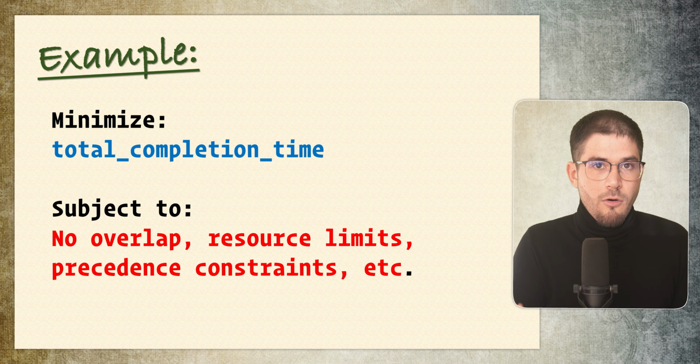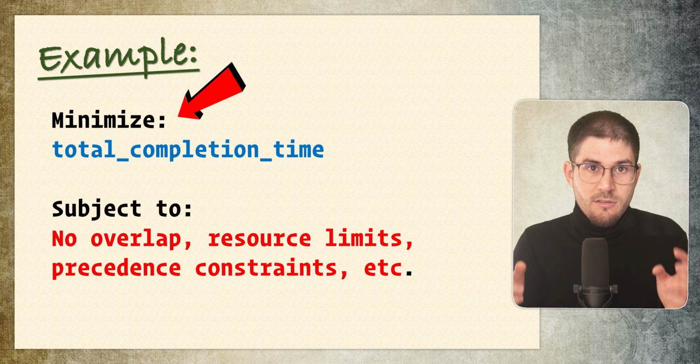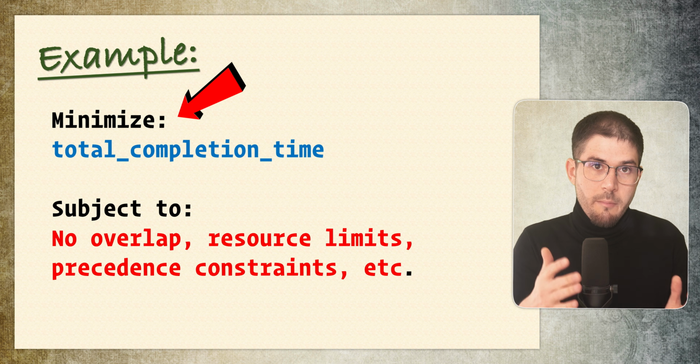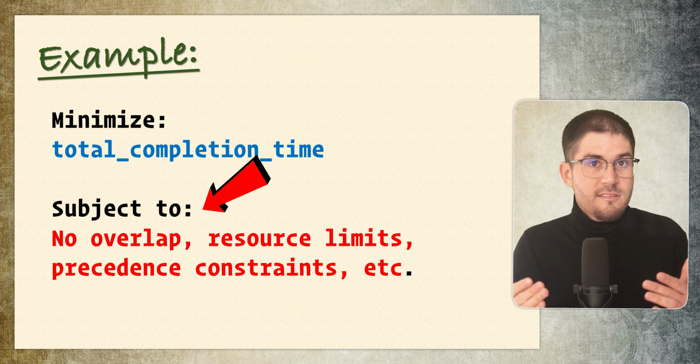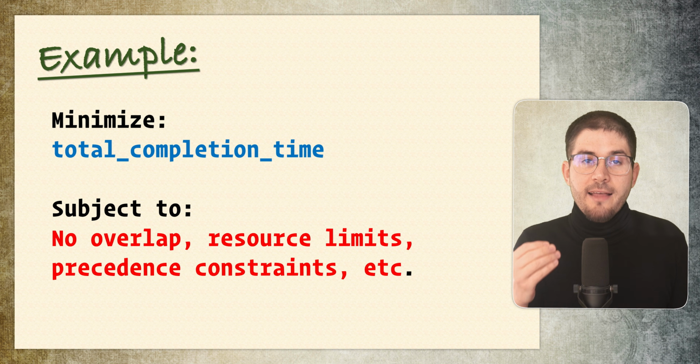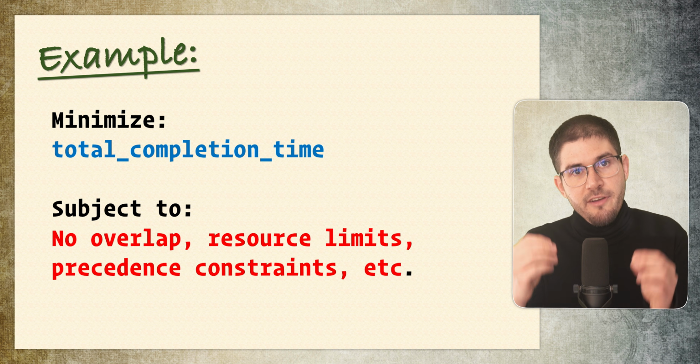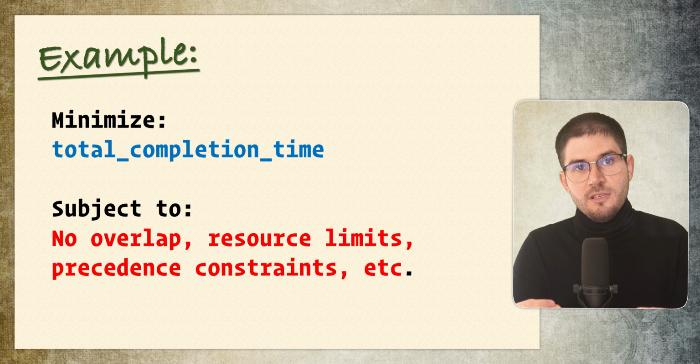In math or code, you can think of it like this: minimize total completion time subject to no overlap, resource limits, precedence constraints, etc. And that is basically saying finish everything as fast as possible, but don't break the rules.